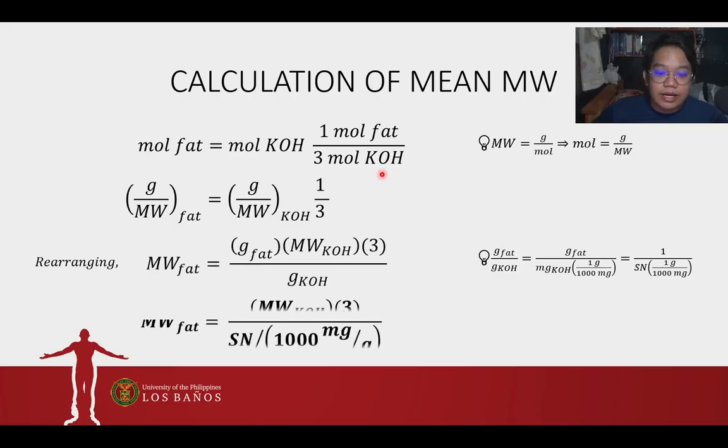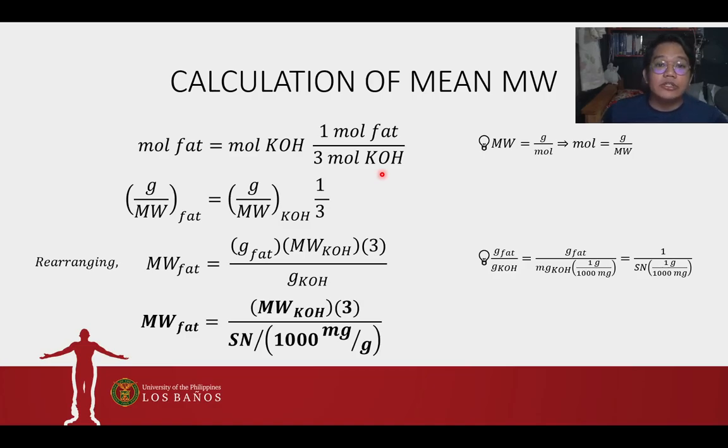So, upon rearranging, yung mean molecular weight ng fat ay equal sa mean molecular weight of KOH multiplied to 3. So, bakit 3? Kasi, di ba sa ating triacylglycerol, you have 3 fatty acids attached to your glycerol via ester linkages, di ba? So, kaya tayo nakamultiply sa 3 dito.